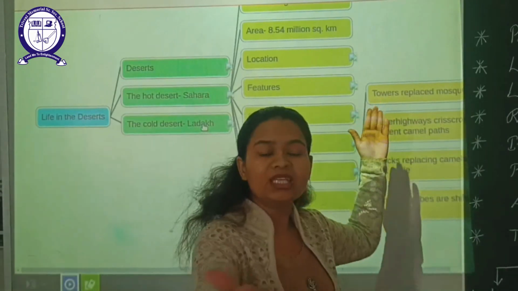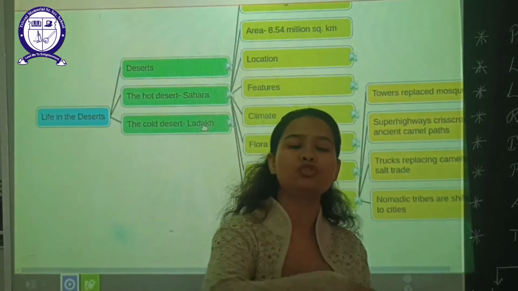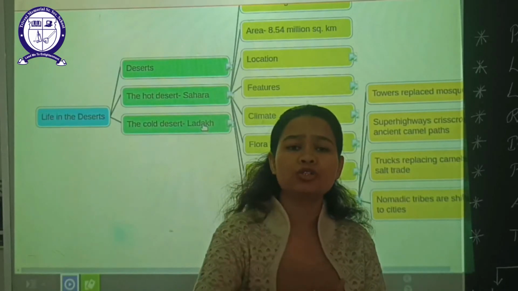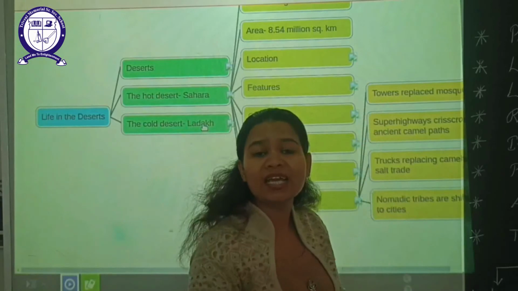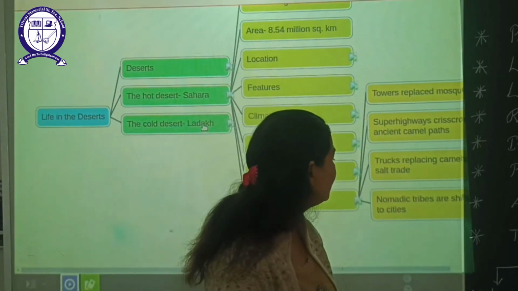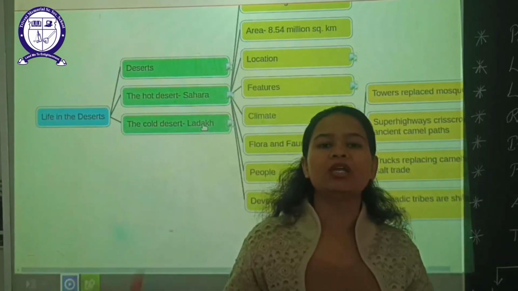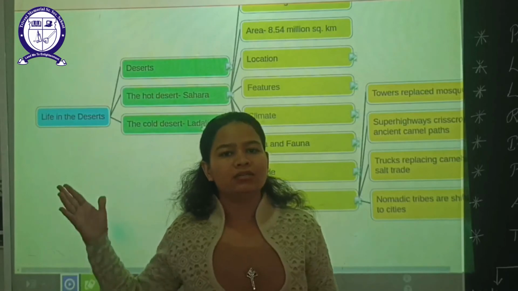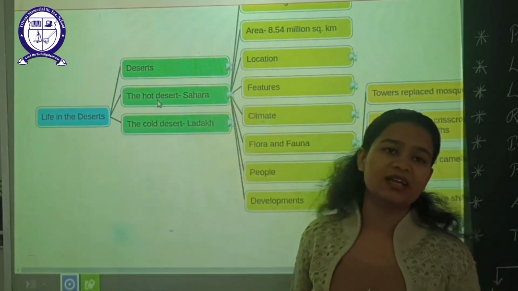In fact, in the last topic I discussed the tribal groups, who earlier used to travel from one place to another on foot. Now they have also started using caravans. Towers are getting built here, mosques are getting built here, and other cities. Slowly, development and modernization is coming to these deserts, especially the Sahara desert.